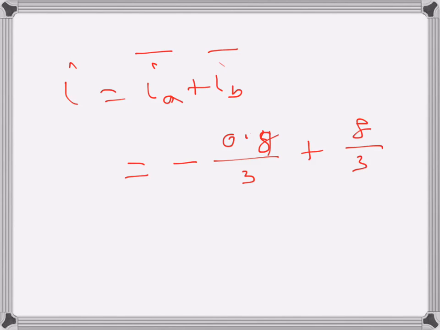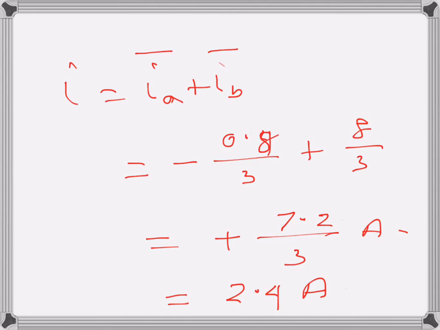So that's plus 7.2 over 3, and when I divide by 3, it becomes 2.4 amps. So that's the value of current I found by using Norton's equivalent circuit.